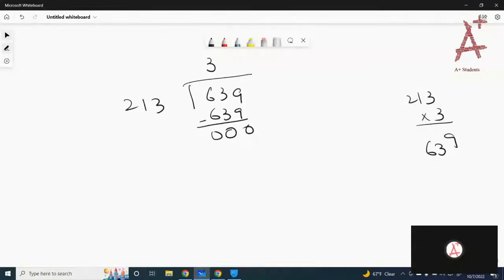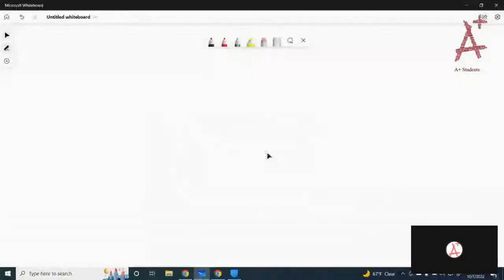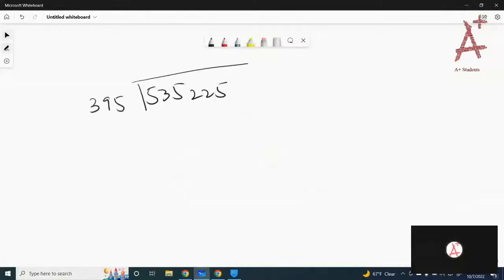Okay. The next one is 535,225 and you have to divide it by 395. Got it?